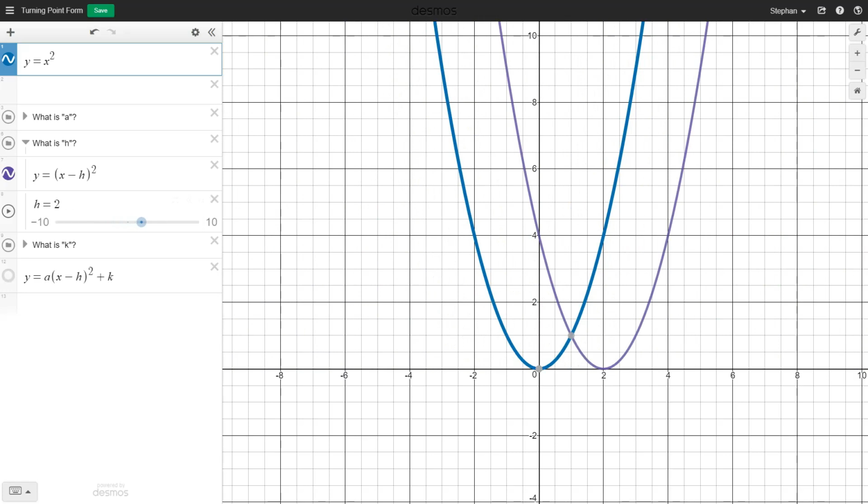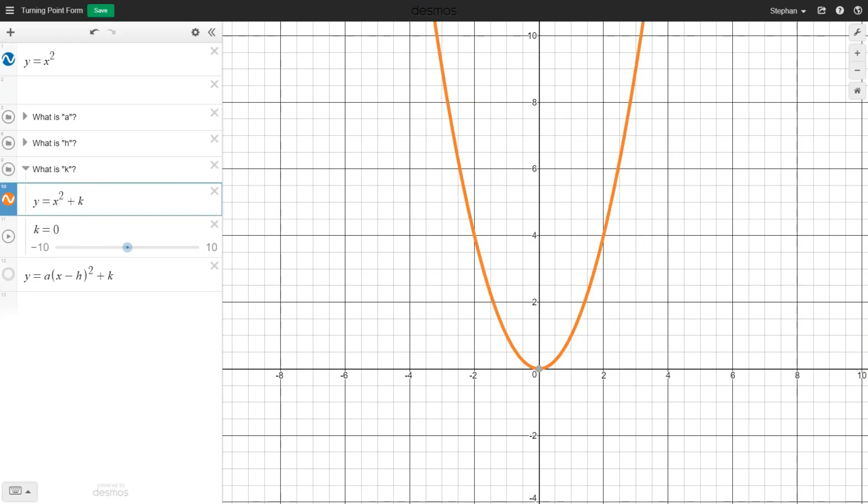H for horizontal. So lastly, we're looking at K. What does the K do? Just to recap, the A dilated the graph, moved it closer or further away from the x-axis. It also reflected it. The H translated the parabola horizontally. There's really only one thing left that the graph could do, and that's another translation. You will see here that an increase in the K value shifts the graph vertically.